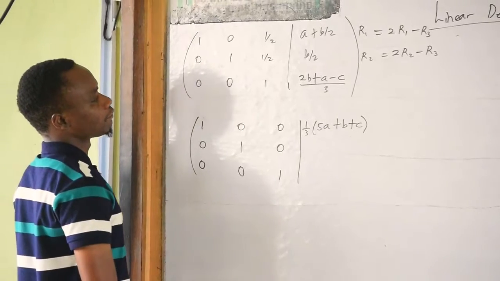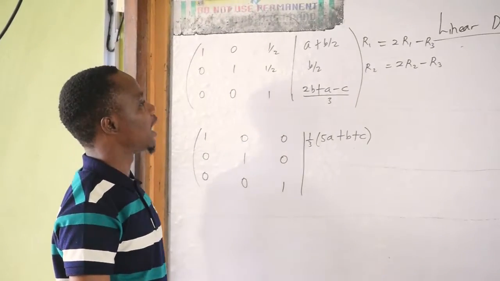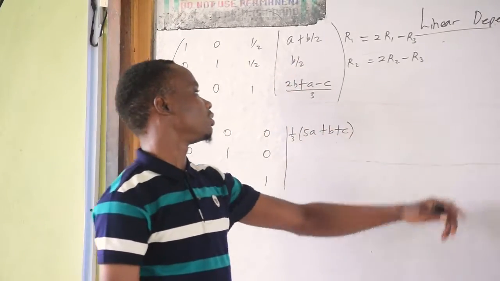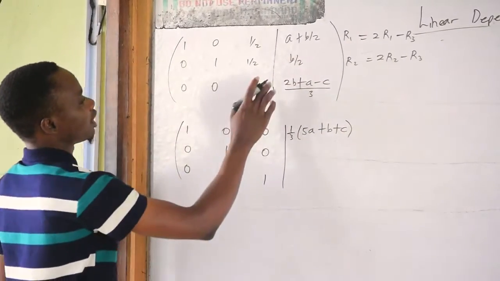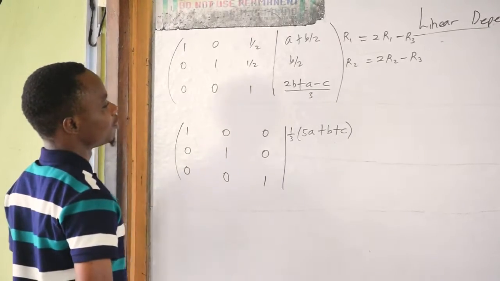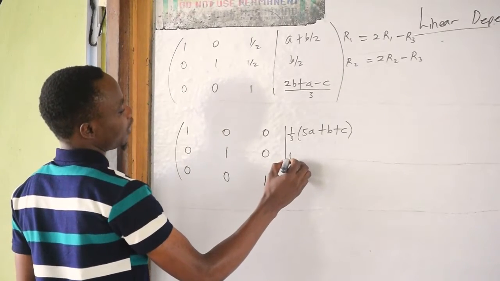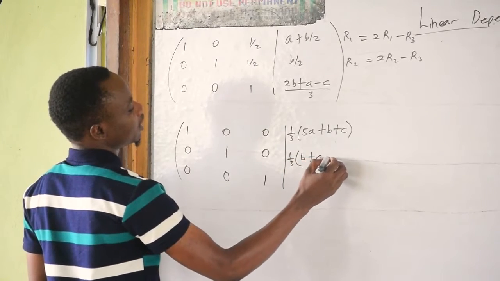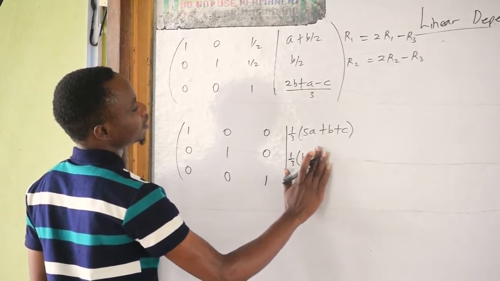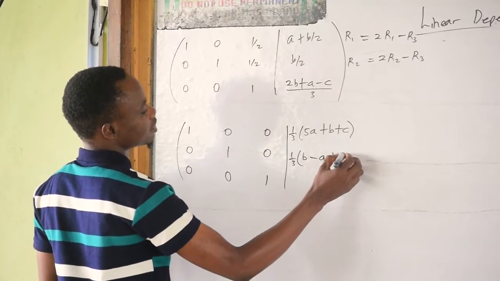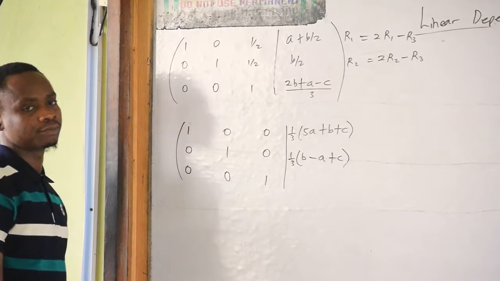The next one, by doing the same thing, 2 times R2 is B, minus R3. So B minus R3, again I'm going to have B minus 2 over 3, that is 3 over 3. 1 over 3 B plus A minus C. Do you understand that?